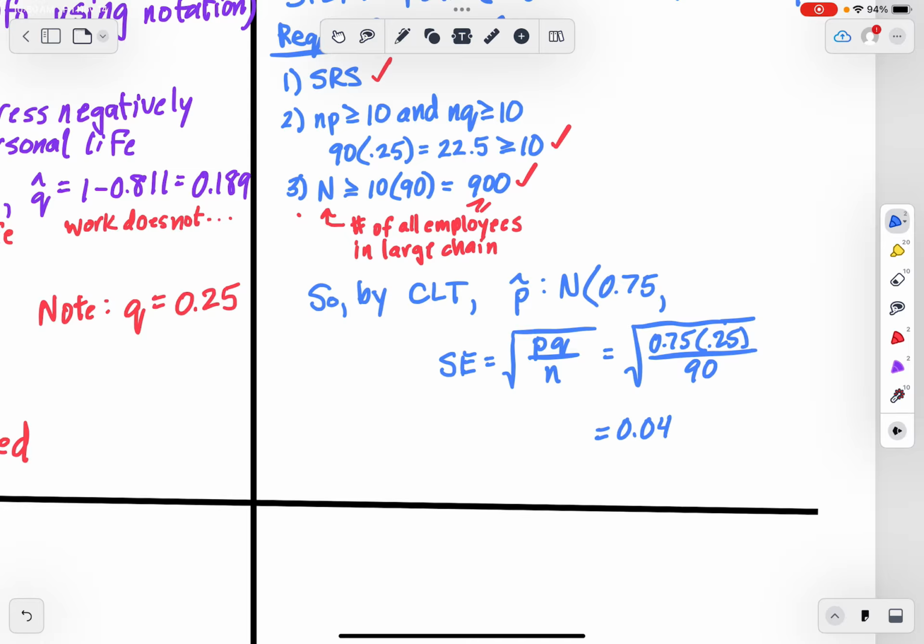So I'm just going to round that to 0.046 there. And with this information, I am now able to move to step 3 and go find my p-value.